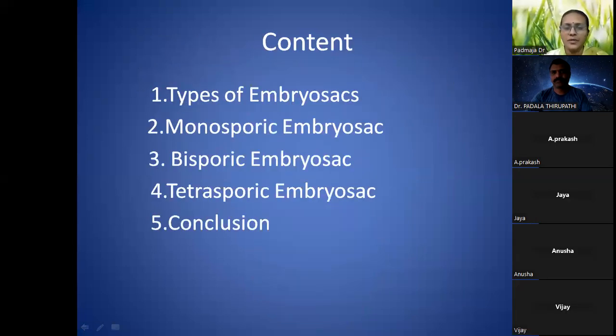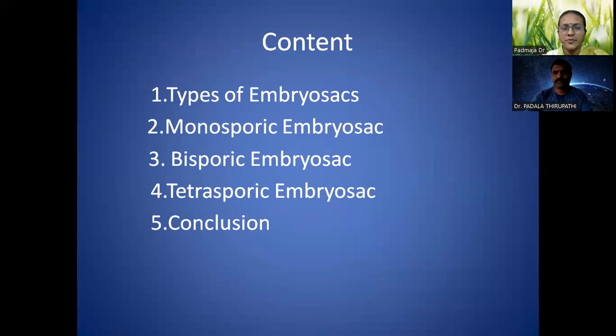Today I am going to discuss the types of embryo sacs, and there are different types of embryo sacs. We may expect questions regarding the types of embryo sac, how the nuclei are arranged in the embryo sac, and what is the chromosome number of endosperm in the embryo sac.